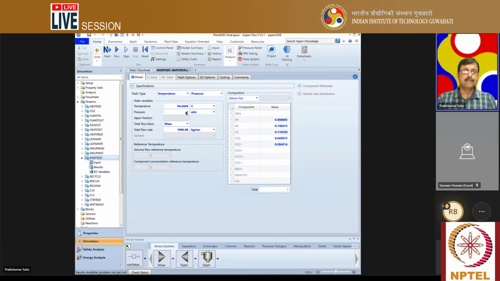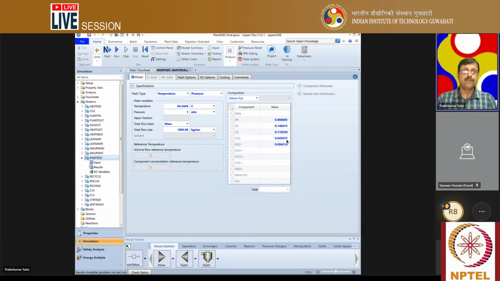gas at 94 degrees centigrade, 1 atmosphere pressure, and its standard volume fraction is only 4.5 volume fraction CO2, 9.4% water, and mostly nitrogen and oxygen and little argon. So this is our raw feed.